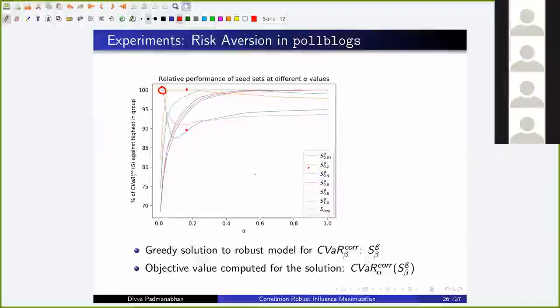Another thing you can do is take a mixture of different kinds of models. So in your objective, you can have some weightage for the worst case model and some weightage for the independent cascade. Of course, you lose out on some properties like the computational properties. But that can help to reduce some bit of conservativeness, because otherwise it's a bad region and you're again taking a worse distribution and things like that.